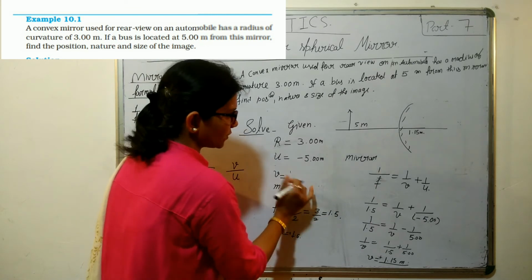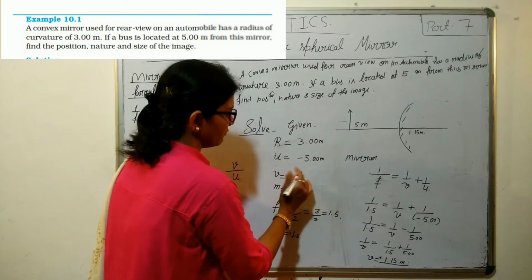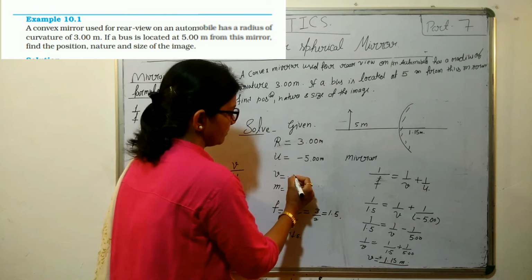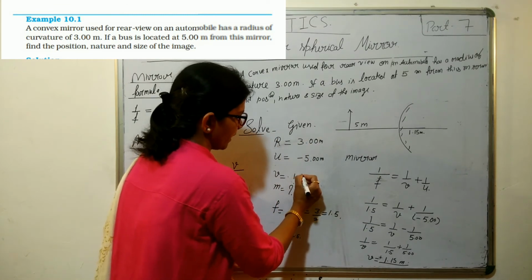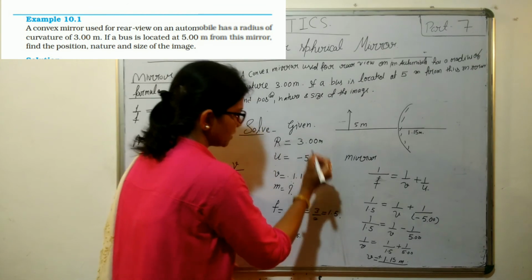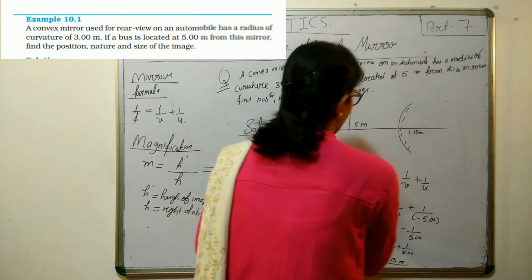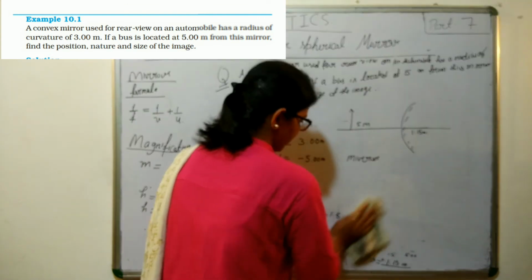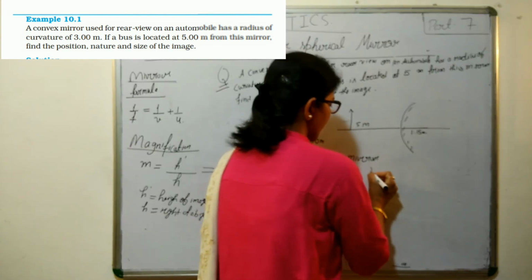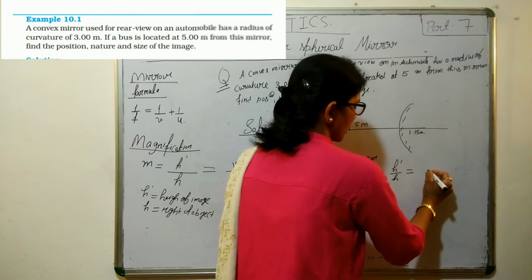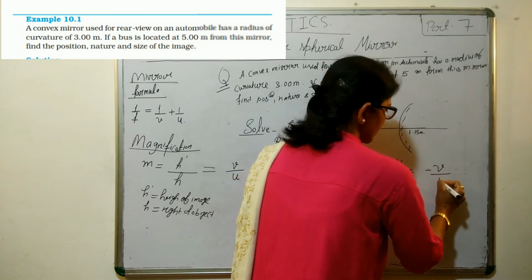So we have solved the value of v, the distance of the image from the mirror, which is 1.15 meter. Now let's see the magnification. For the magnification in the mirror, what is the value? M is equal to either h dash by h or minus v by u.